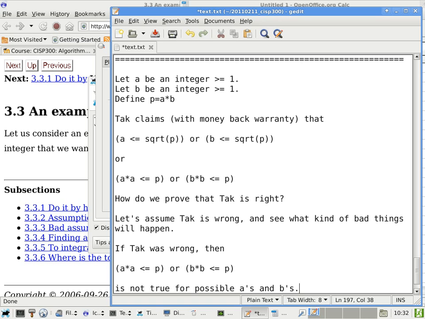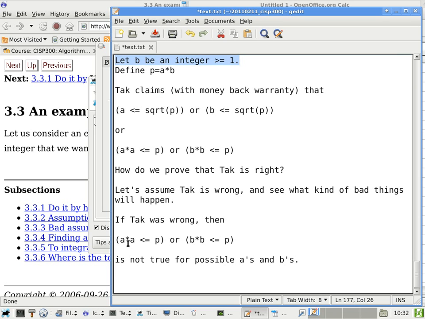Now the A's and B's will still have to fulfill these requirements, because otherwise it makes no sense. But for some A that is an integer greater than or equal to 1, and for some B that is an integer greater than or equal to 1, for some reason, this is not true anymore. This is how you prove that I'm wrong. Right? Is that okay so far?